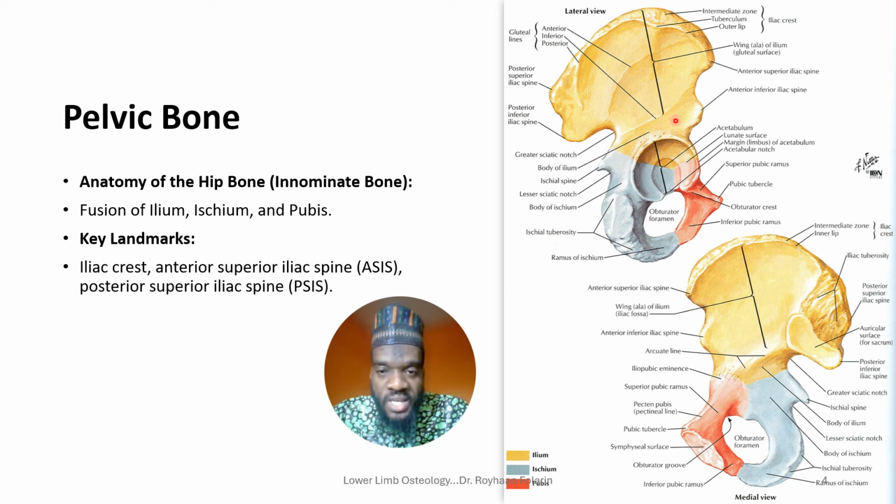But before we leave the ala, you'll notice a number of lines, 3 significant lines. So here is one line, here is another line, and here is another line. So how do we tell these lines apart? They all are on the gluteal surface, and for that reason they are all referred to as the 3 gluteal lines. Now this one is the most inferior, so we can refer to this as the inferior gluteal line.